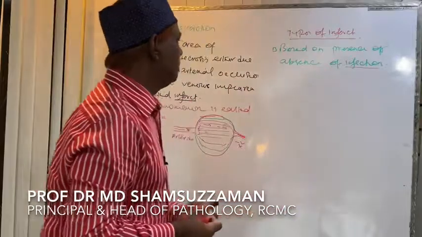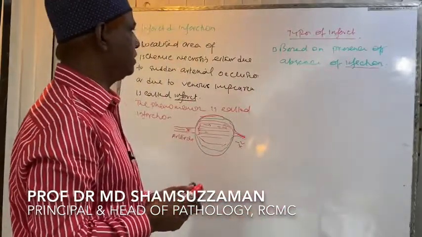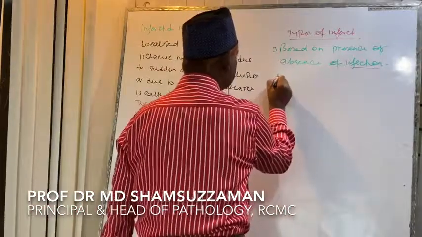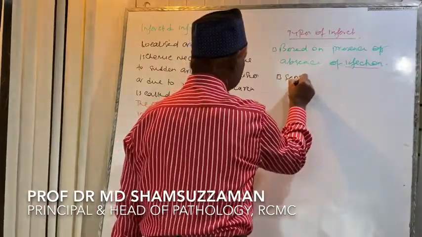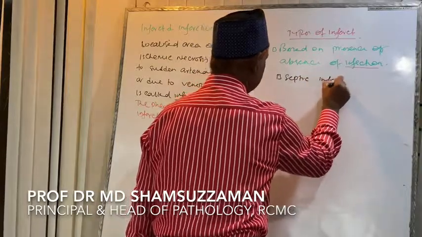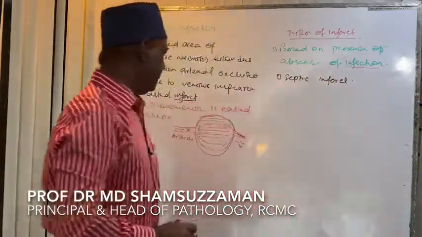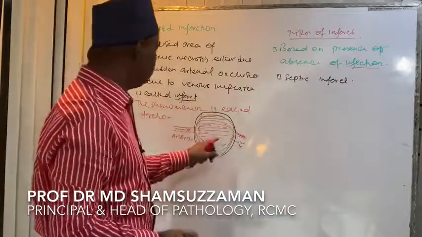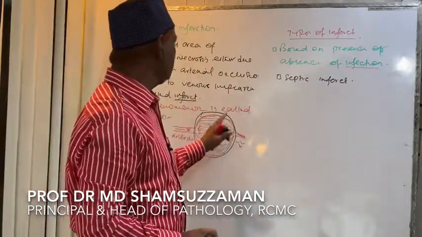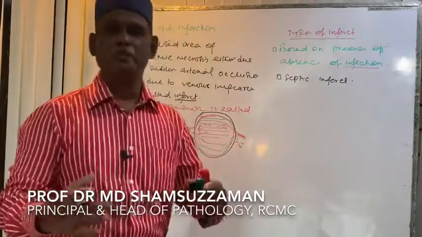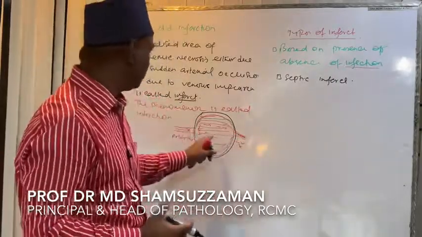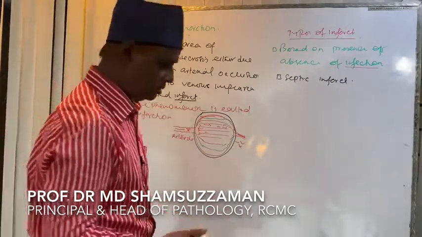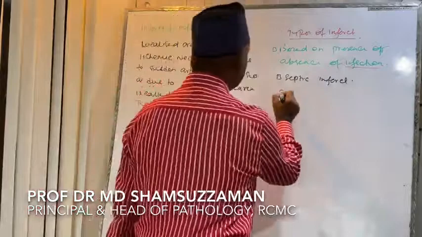So, on the basis of presence or absence of infection, infarct may be: one is septic infarct. Again, infarct is the localized area of ischemic tissue. If there is presence of infection in the infarct, such type of infarct is called septic infarct.